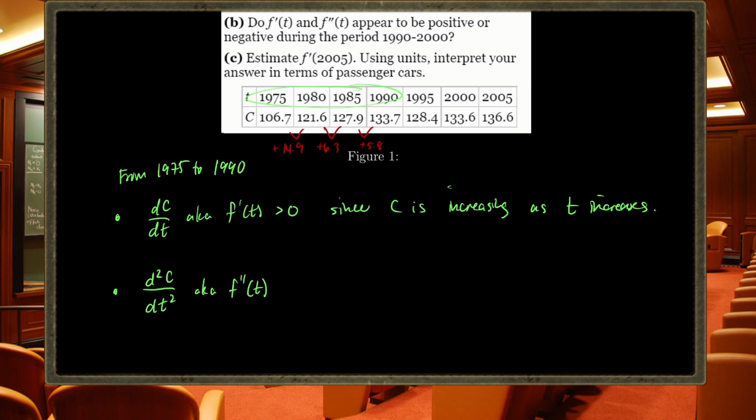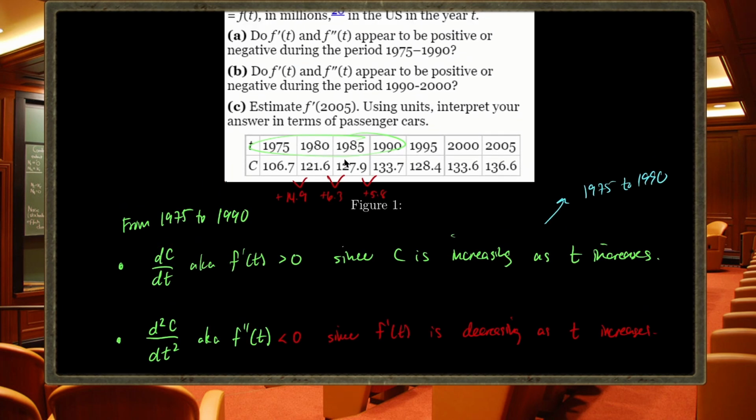So we see that this is actually negative, since f prime of t is decreasing as t increases on this interval. And all of this only really applies 1975 to 1990. We're not really looking at the rest of this right now.